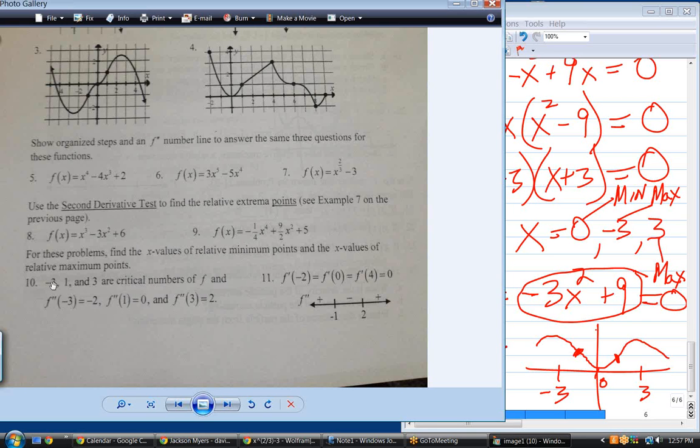So at minus 3, that's going to be a maximum. At 3 is going to be a minimum because the second derivative is positive. And at 1, the second derivative is equal to 0. So we don't know what that is. Okay. So I'm not sure what they want you to say.